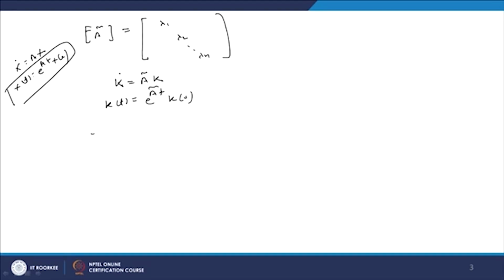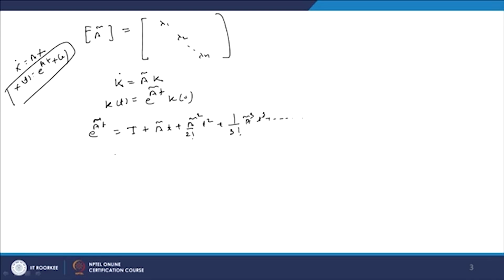Now, what is e raised to A bar t? This we can write down in power series expansion as I plus A bar t plus 1 by factorial 2 A bar square t square plus 1 by factorial 3 A bar cube t cube, like this.